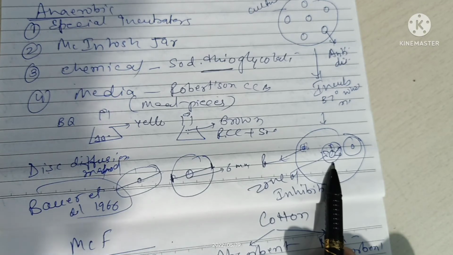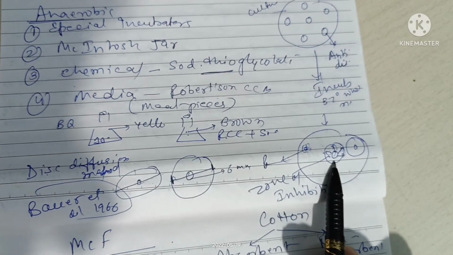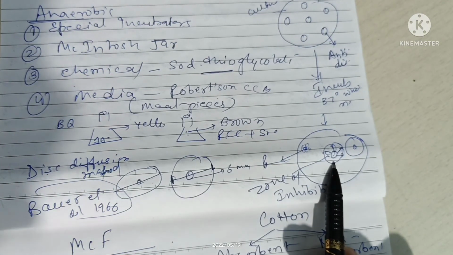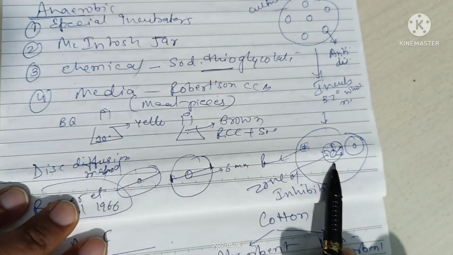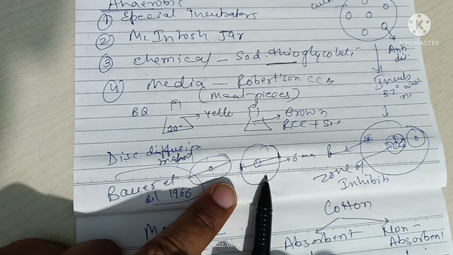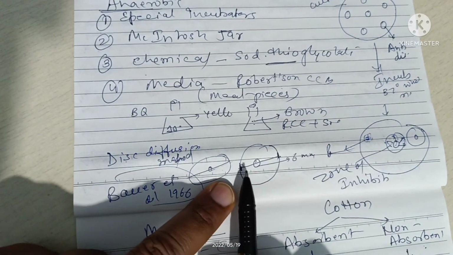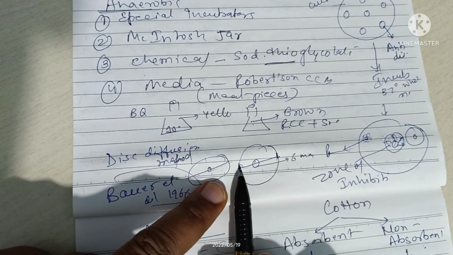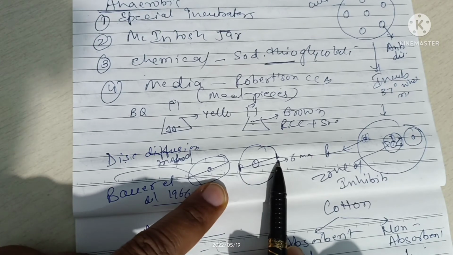Keep in mind that the disc is about 6 mm in size, and the zone of inhibition is measured from the periphery of one side of the circle to the other.